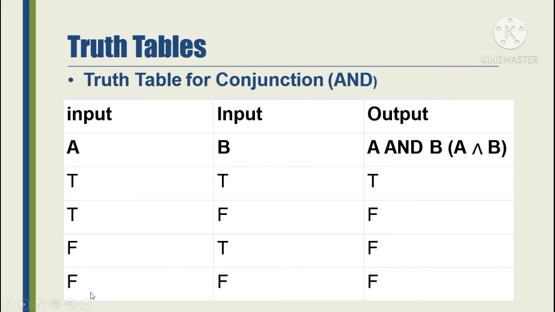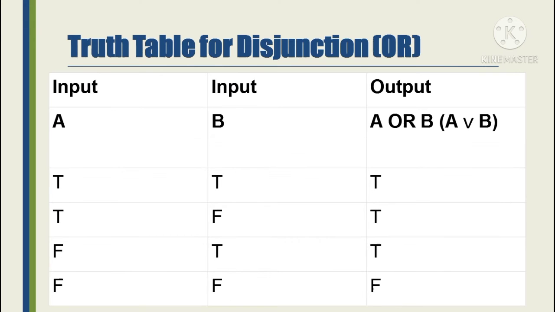But if the input A is false and the input B is false, then we could say that the output of these two is false. Later, you will see kung paano nyo gagawin. Okay? May example tayo para mas maintindihan ninyo.